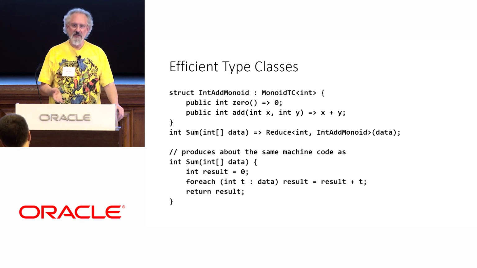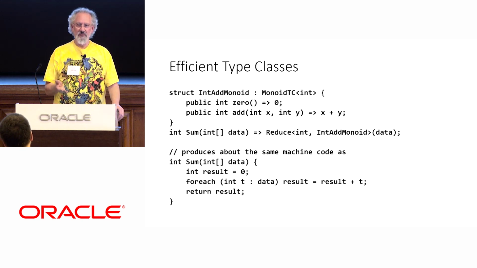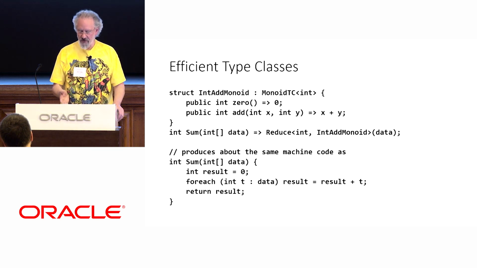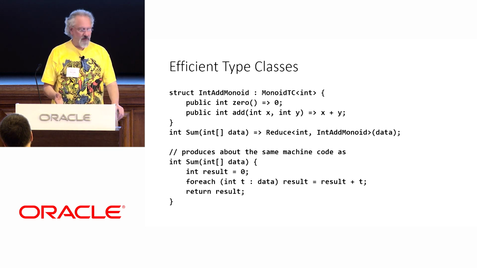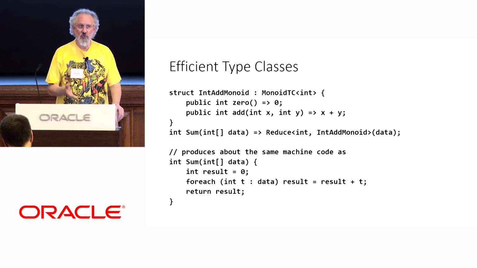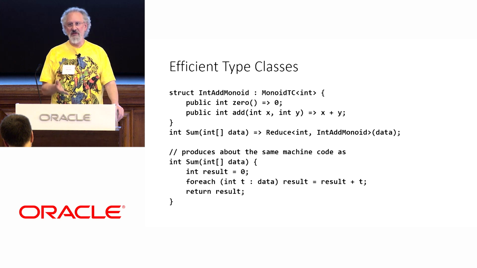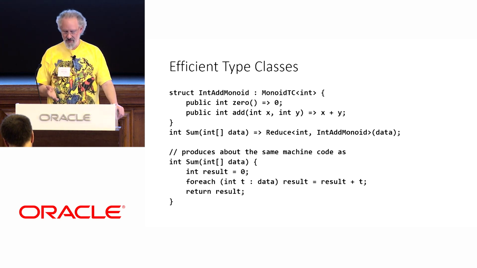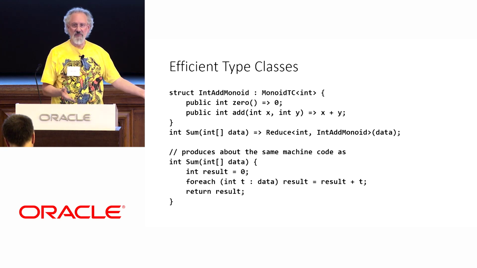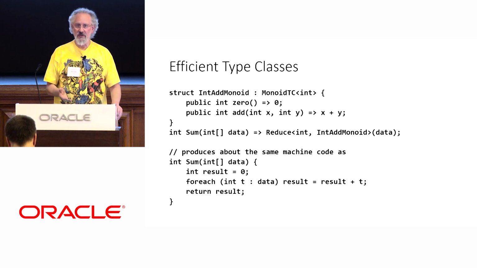So the result is that at runtime, this use of the reduce operation with the monoid can provide you with exactly the same machine code that you would get if you had written a specialized numeric algorithm by hand. I did that at the bottom just to show you the kind of code that you get.